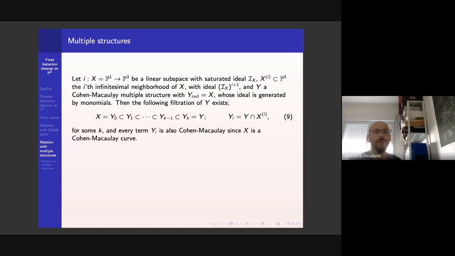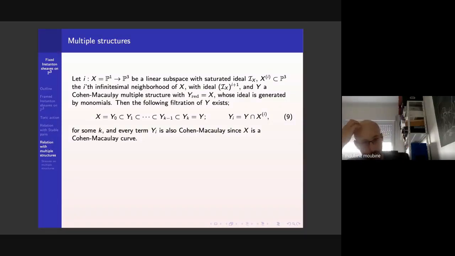Okay, so we consider the embedding of P1 in P3 in this case, given by the saturated ideal, and we consider the infinitesimal neighborhoods. And for Y a multiple Cohen-Macaulay structure with reduced structure exactly X, we have the following filtration.